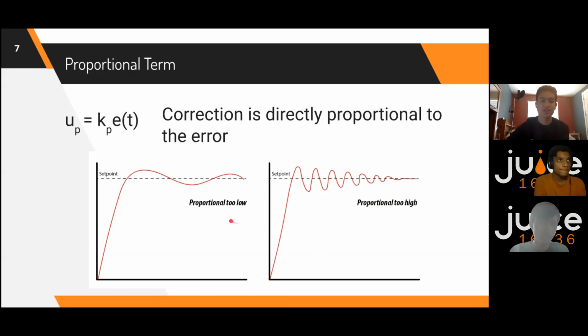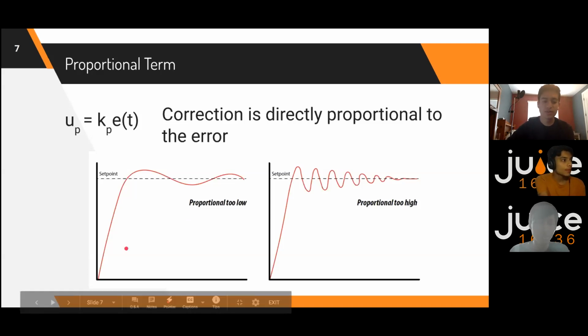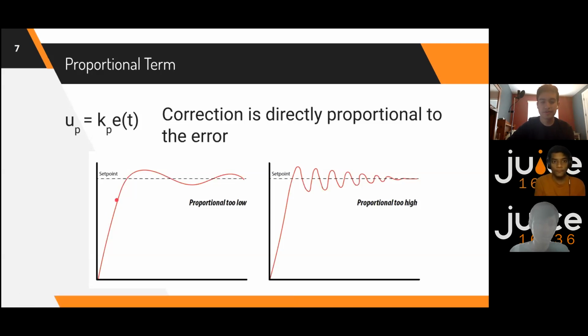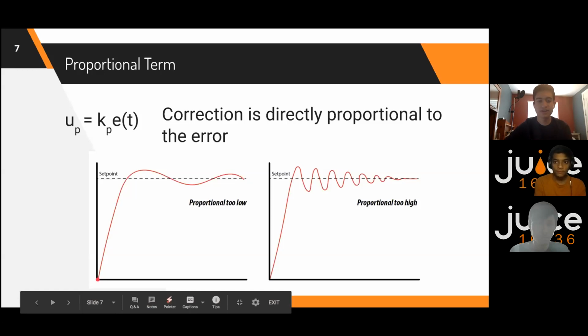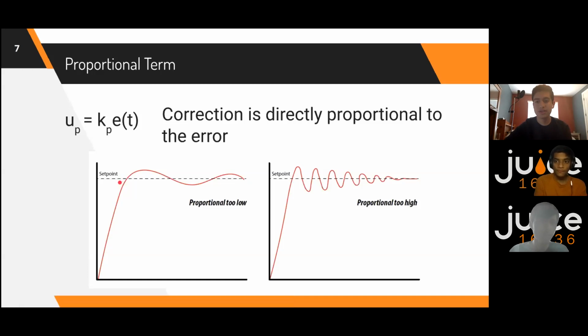And then this is what could happen if your proportional value is a bit too low. Your robot will go up kind of slower than it should be, and then oscillate slowly around the target. Now, what we found is the best for robotics is to actually tune your proportional value so you never reach the target with just a proportional correction.